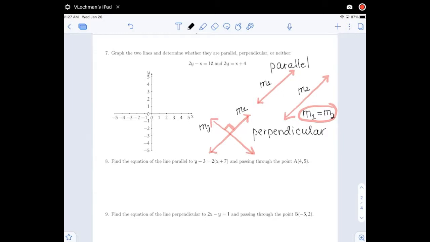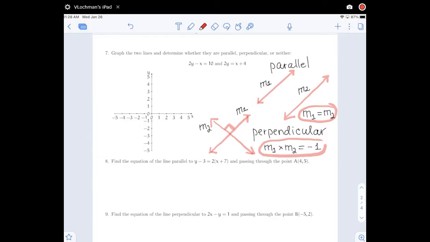But it's not even just that: if you take the product of the two slopes for lines that are perpendicular, we get -1. This is how we're going to check if the lines are perpendicular. If none of those conditions are satisfied, then the lines have different slopes and they intersect but not at a right angle.